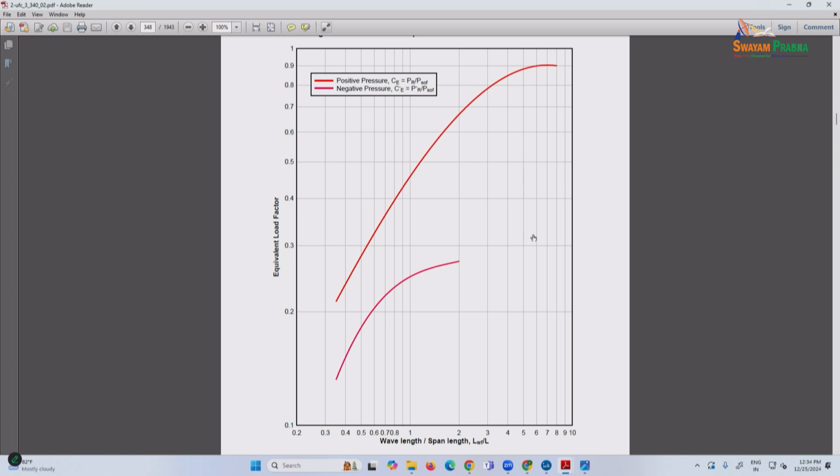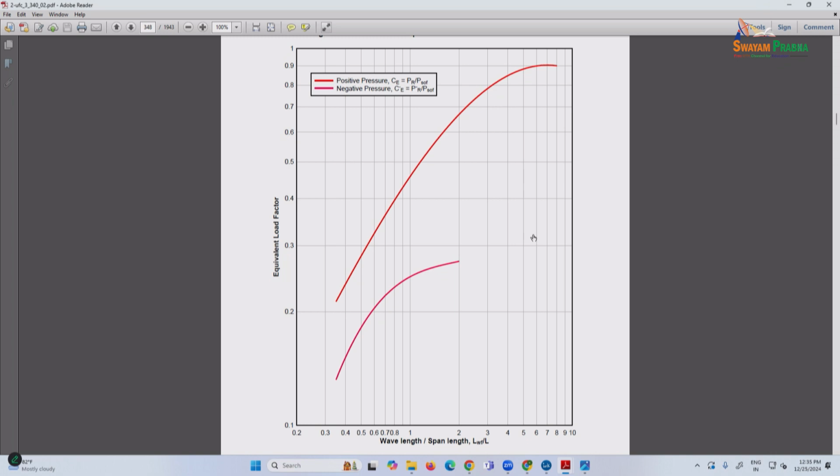So this is L, yeah, wavelength is LW, span length is L. So wavelength is 23.7, span length is 11. So what was the mistake, you think? Wait, wavelength is how much? Divided by span length is 11.